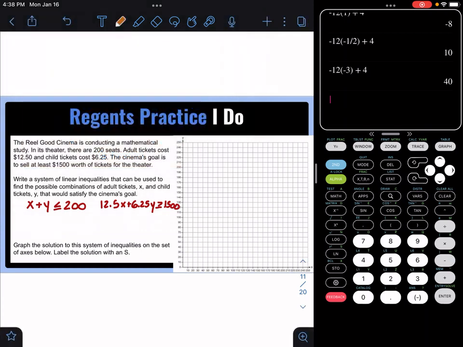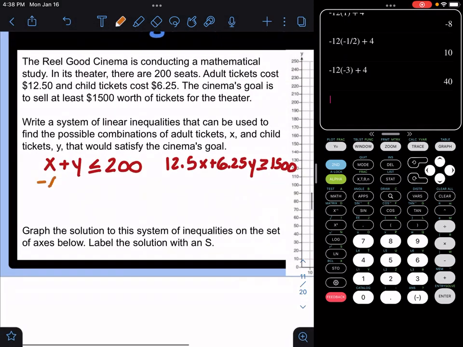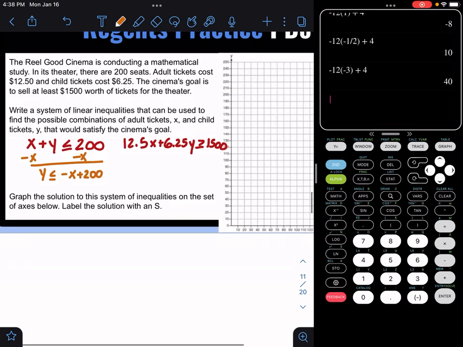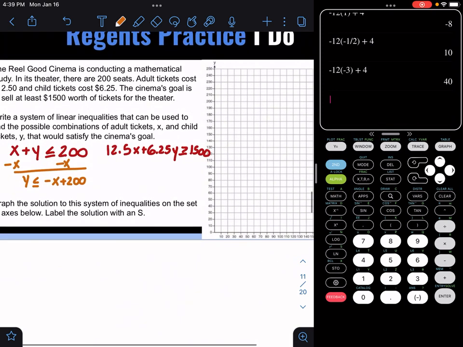To graph these, I'm going to need to make them y equals. So first here, I'll subtract the x. This will give me y is less than or equal to negative x plus 200. Meaning I'm going to need to start at 200. And then I'm going to go down 1, to the left 1, down 1 to the right 1.